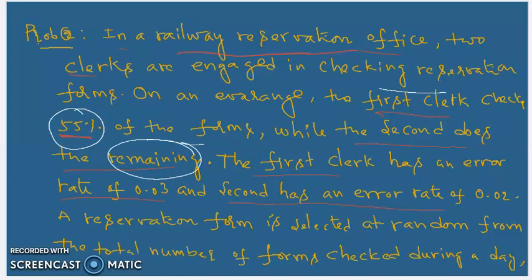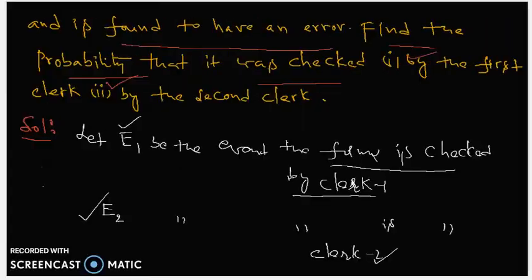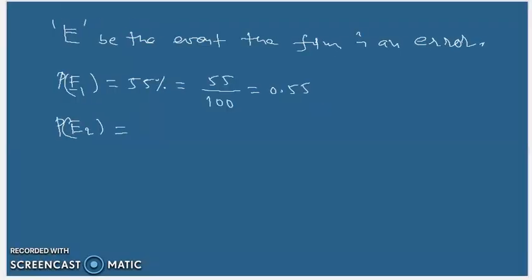So how many remaining forms? After 55% are checked by clerk 1, remaining 45%. So indirectly the probability of E2 is 45/100, that is also equals to 0.45.